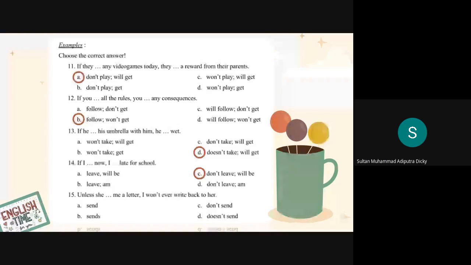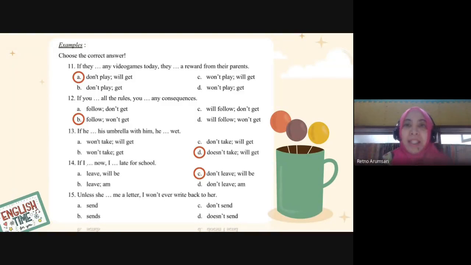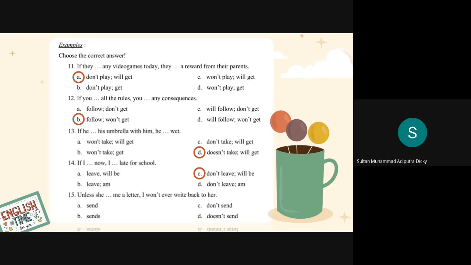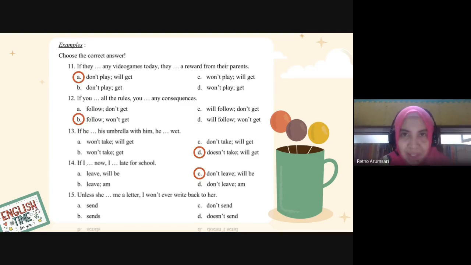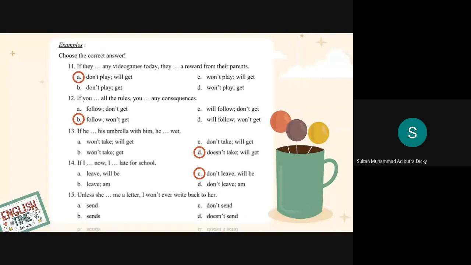Number 15. Unless she send me a letter. Unless she send me. The subject is she.